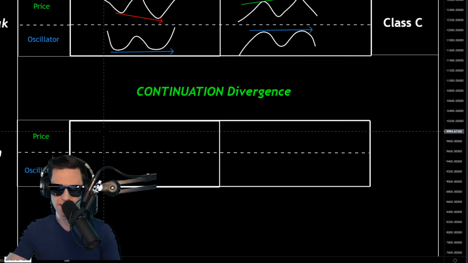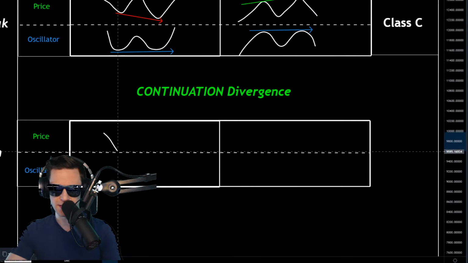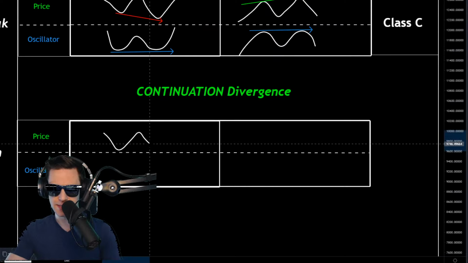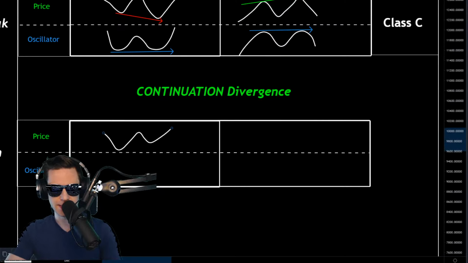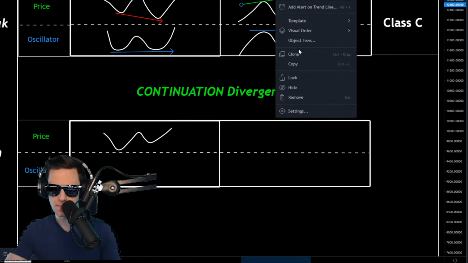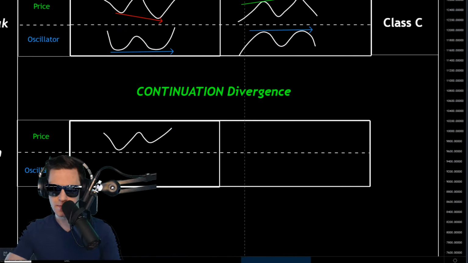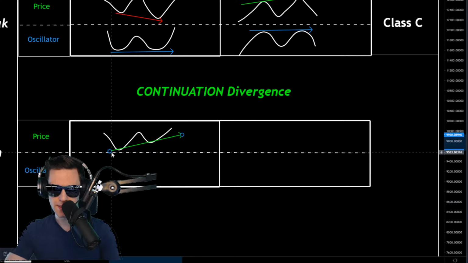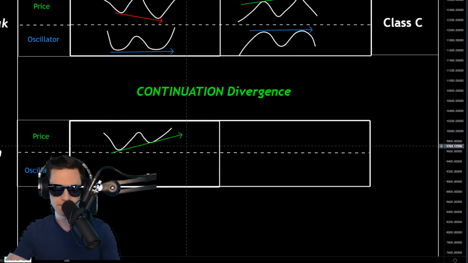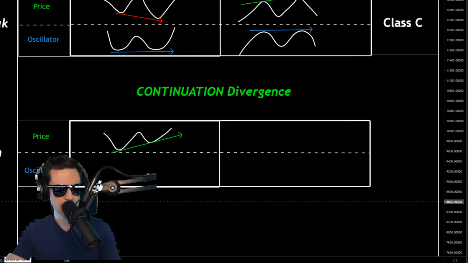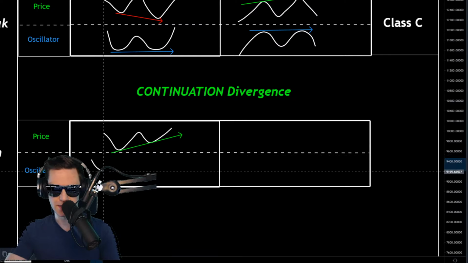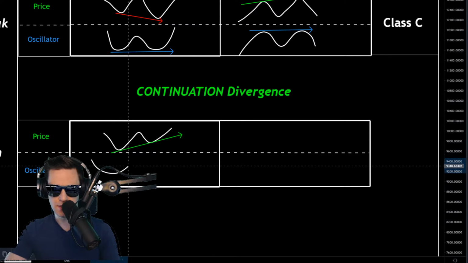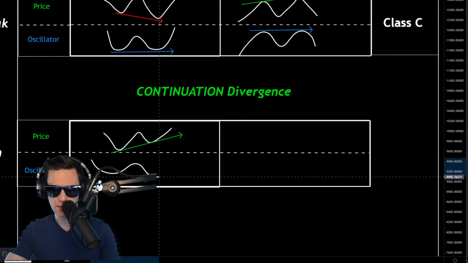In the bullish case, we're again going to see price set a low, rally, set a higher low, and continue rallying. Lows coming up. We're looking at the lows because we're looking for bullish. And our oscillator, we're going to see set a low, swing up, and then set a lower low.